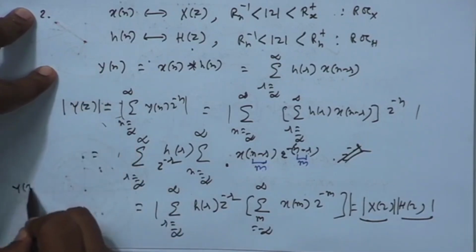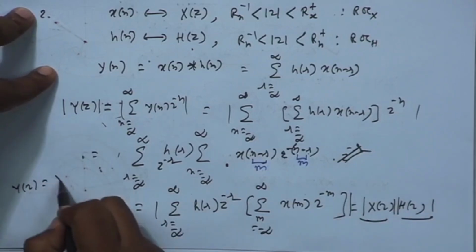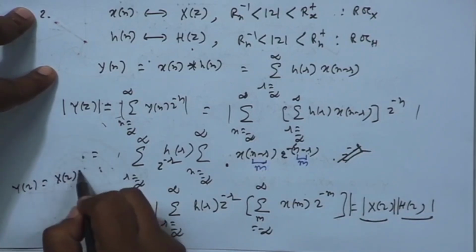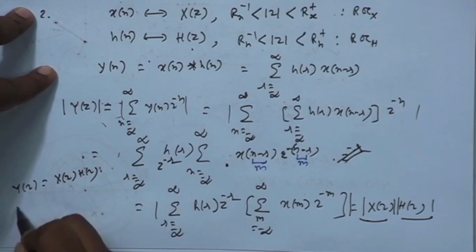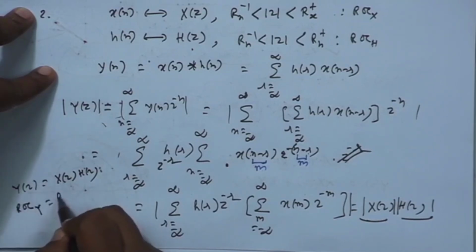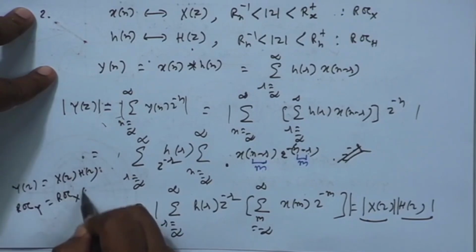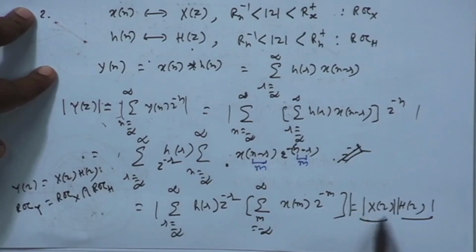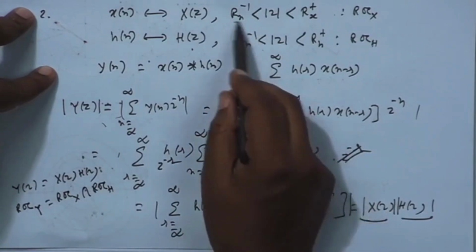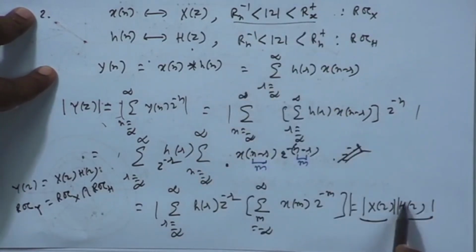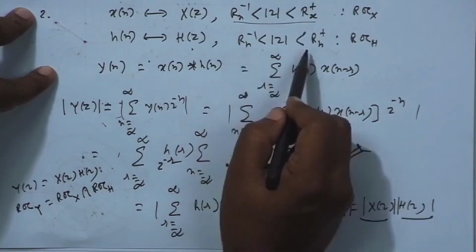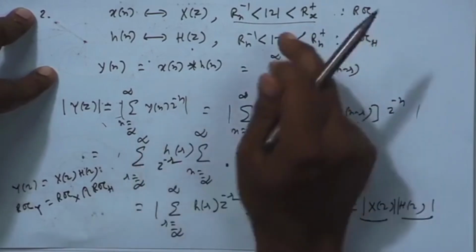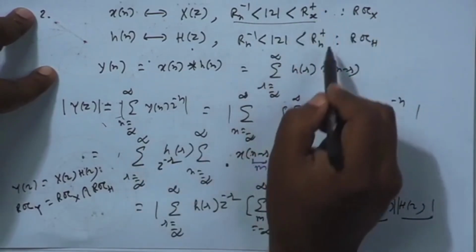That is Y z equals X z H z, and the ROC of Y will be the intersection between the two, ROC of X and ROC of H, as before, because this must exist, but this exists only here, and this also must exist. There is more: this should be finite, this should be finite, so both should be satisfied.